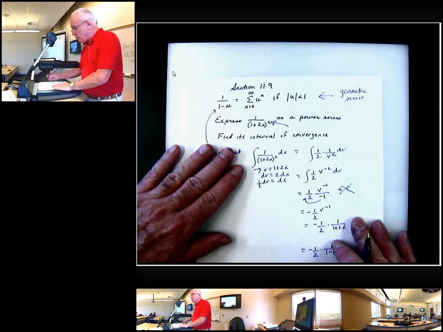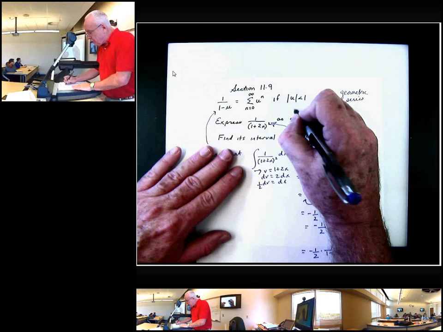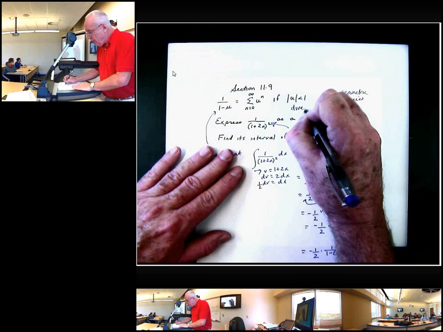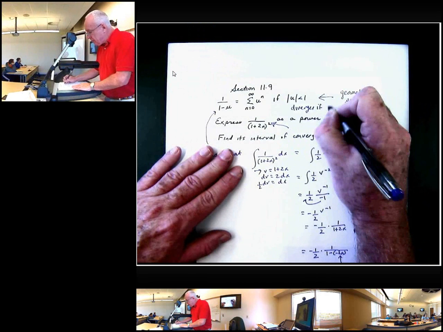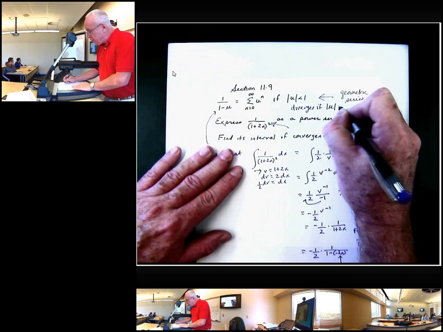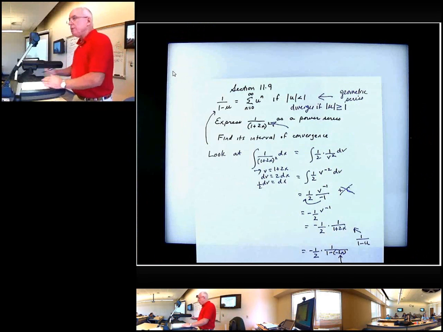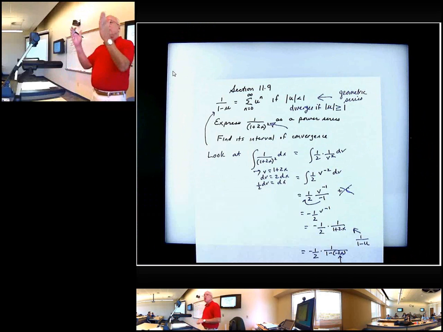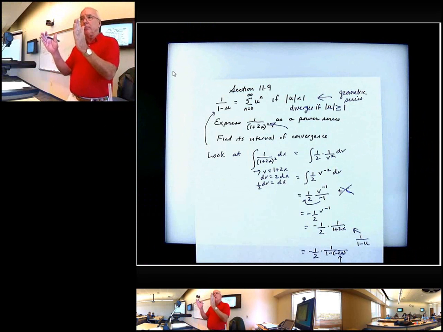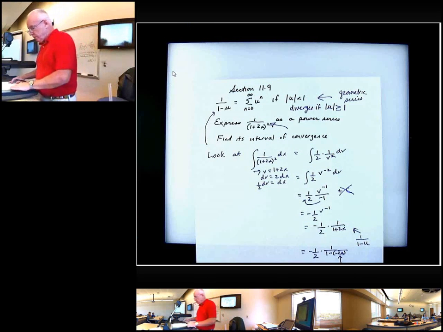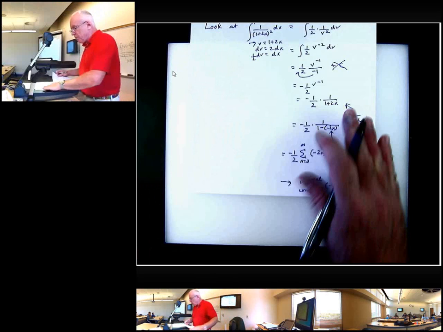So there's no need to test the points. But let me go way back up here to where we started. This diverges if the absolute value of u is bigger than or equal to 1. Geometric series. So we don't have to test the endpoints. All right, let's go back to this.